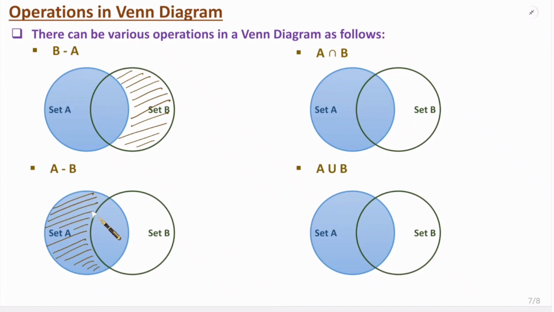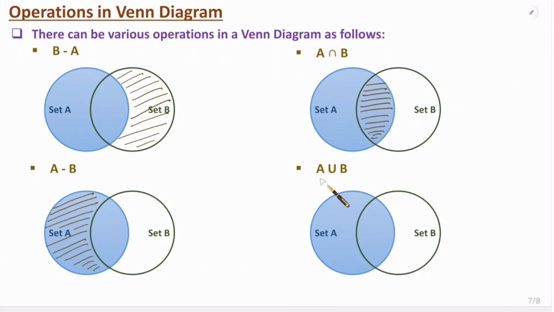So A minus B is having this region, right? If you talk about A and B, it means combined variables of A and B that we need to consider. So here we will be having this region, means combined variables of set A and set B that we need to consider.